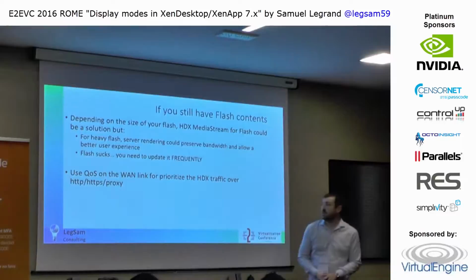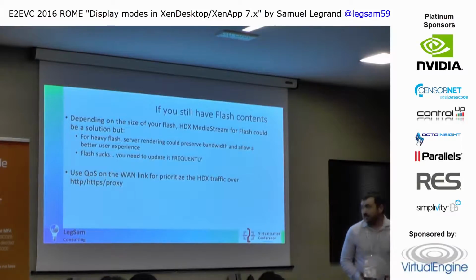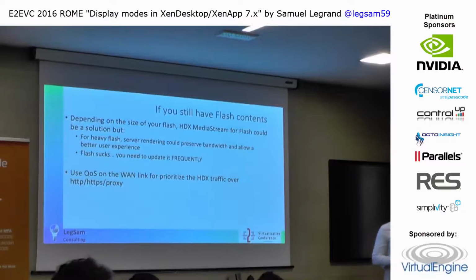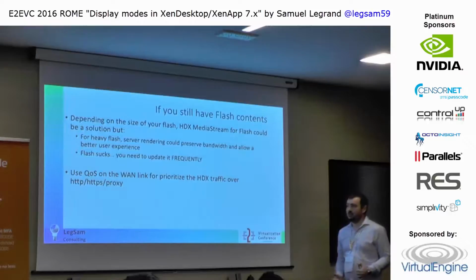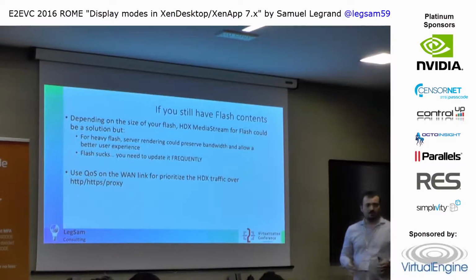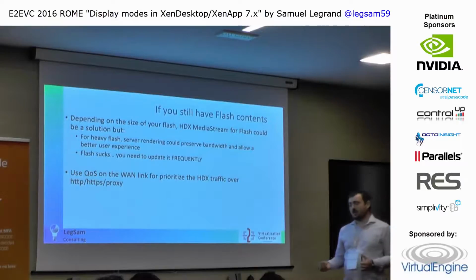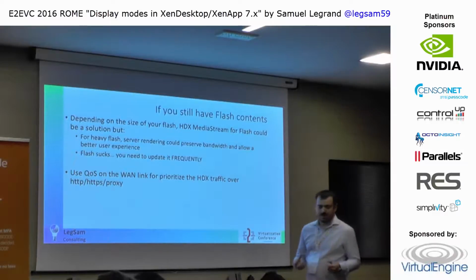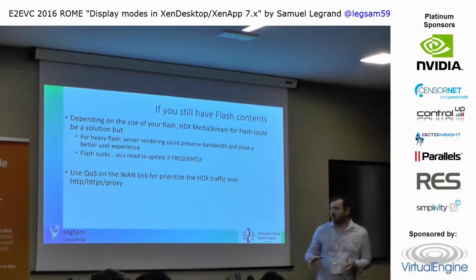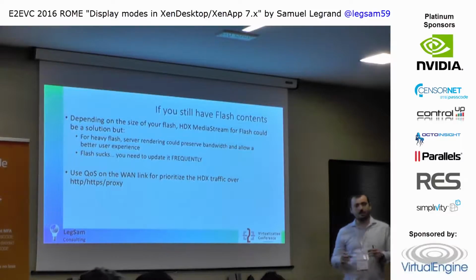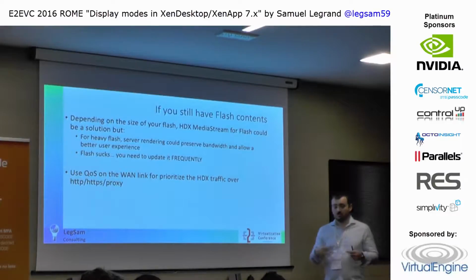So, Flash content. We figured that it was best for this specific use case to render the Flash on the server, because for every Flash, server rendering preserves the bandwidth. If you are doing client rendering, you will have to send all the Flash through the wire in order to start to play.